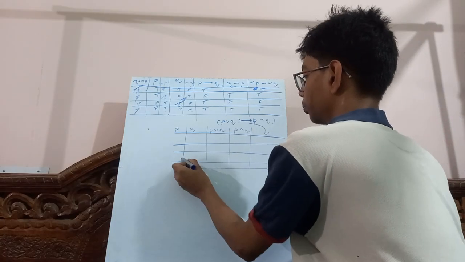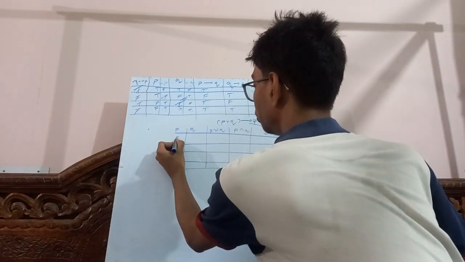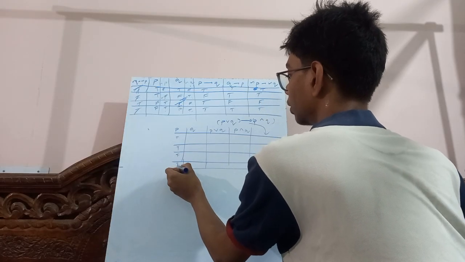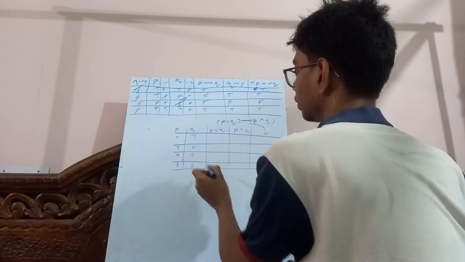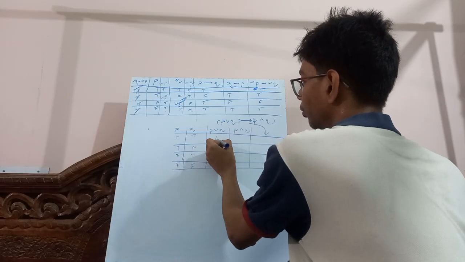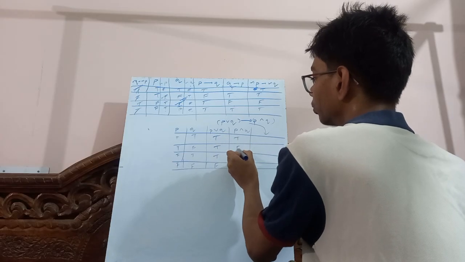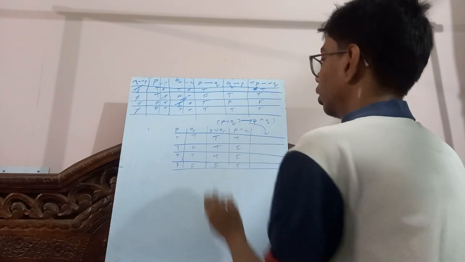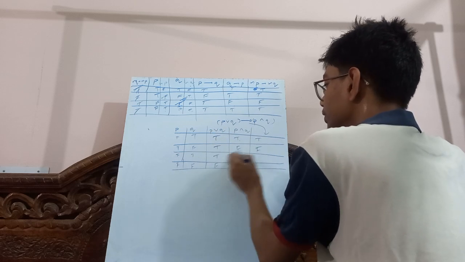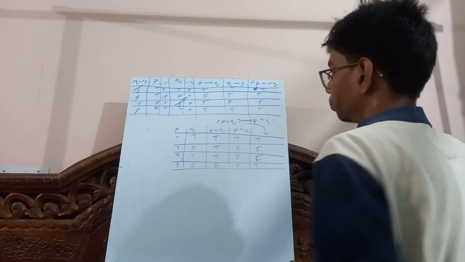So first I will write here true, true, false, false, and then true, false, true, false. P or Q: any one should be true. P and Q: both should be true. Now first is true, second is also true, true. First is true but second is false, false. First is true, second is false, again false. Both are false, then true, right?